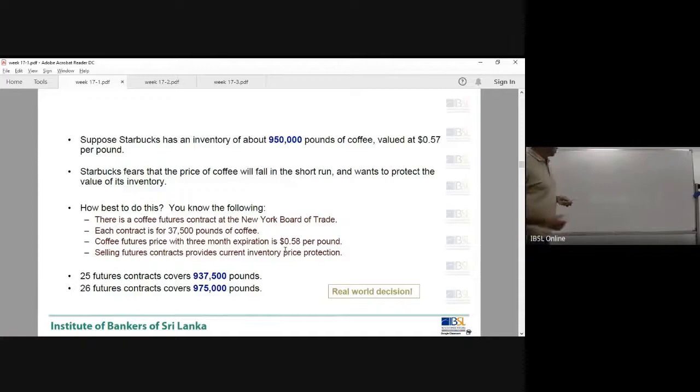$25 contracts. So coffee, they have 950,000 pounds, at 57 cents.